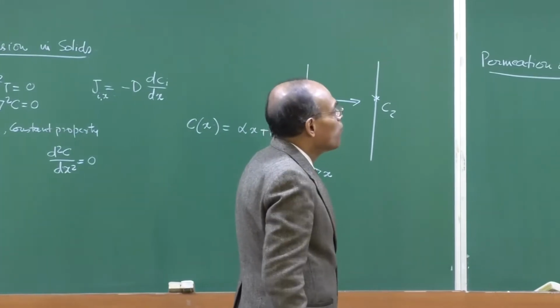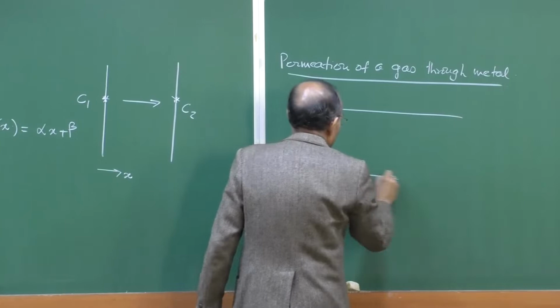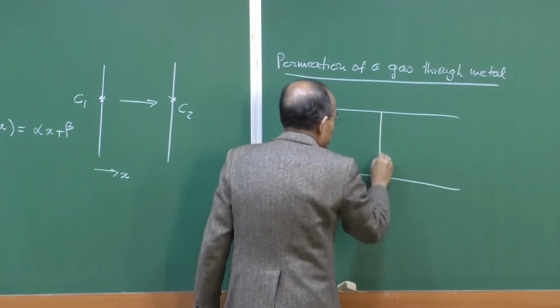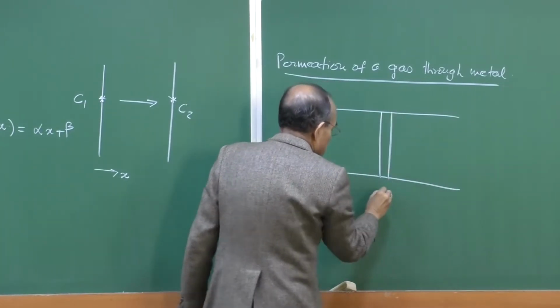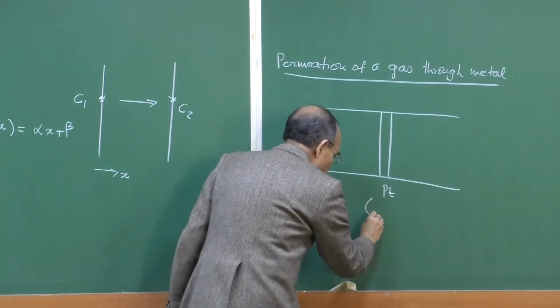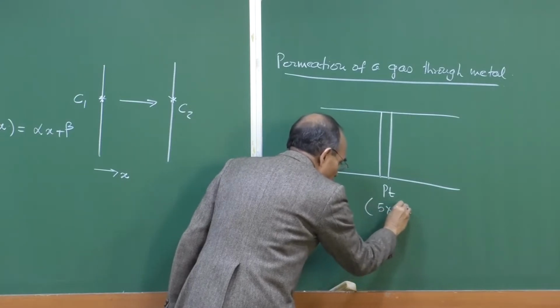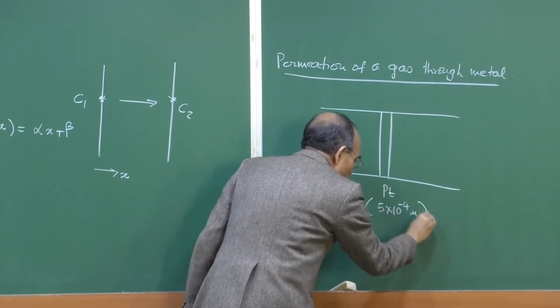In this case, we will pose the problem like this: we have a gas passage where we have a thin film, and this is a film of platinum. The thickness is half a millimeter.